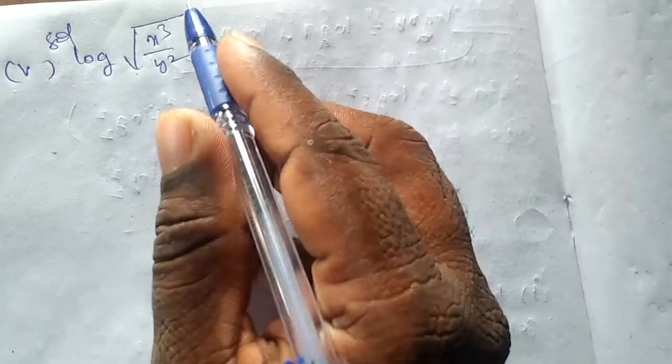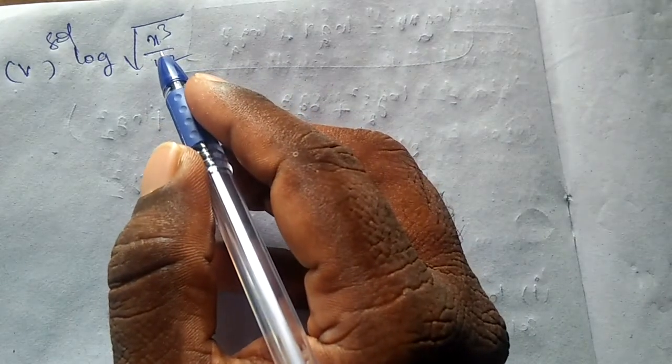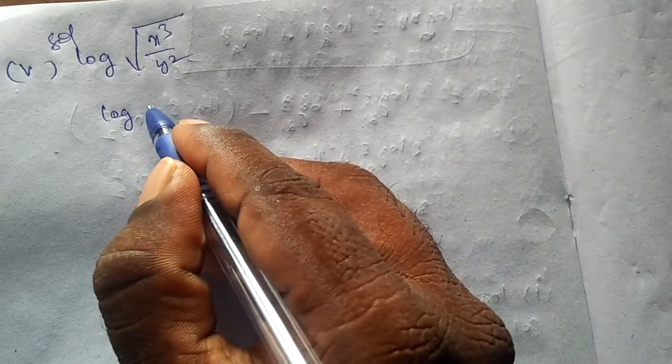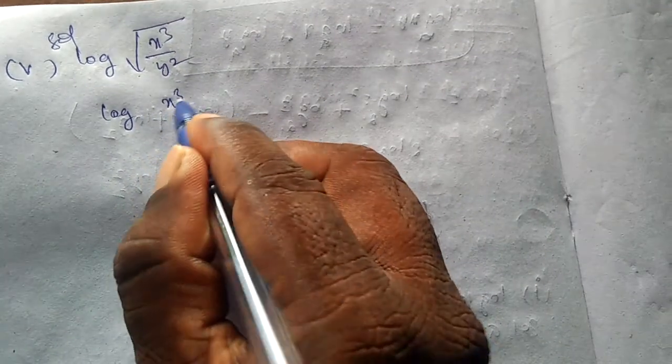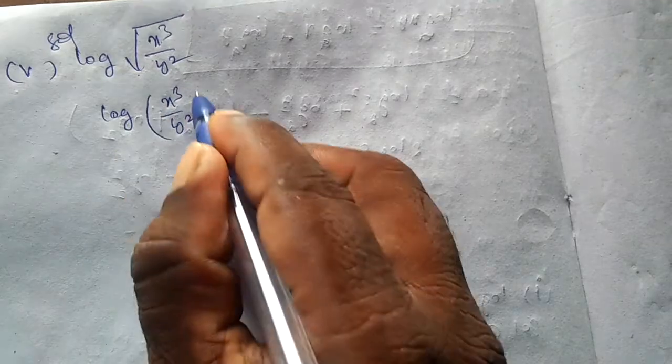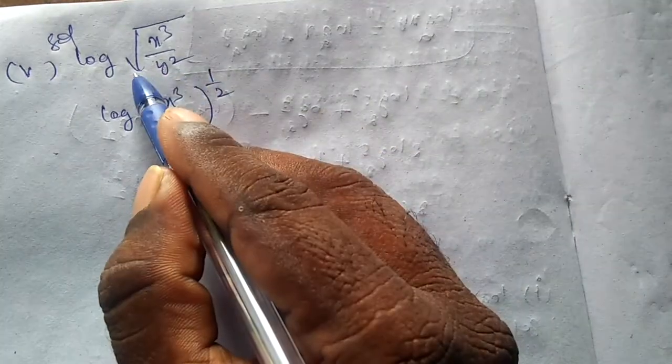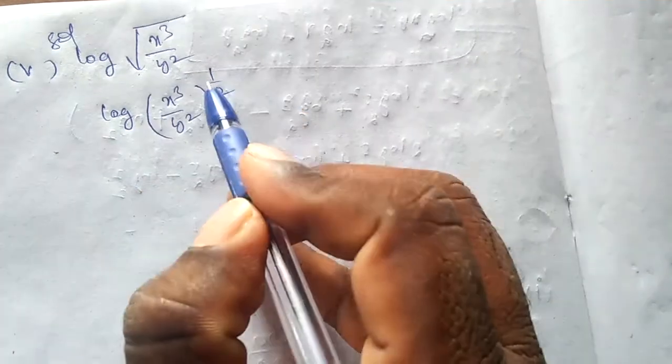Here we have a root, so we can write the exponential form of the root. So what is the exponent? It is 1 by 2. So x cube by y square, whole power 1 by 2. So the root exponent's value is 1 by 2.